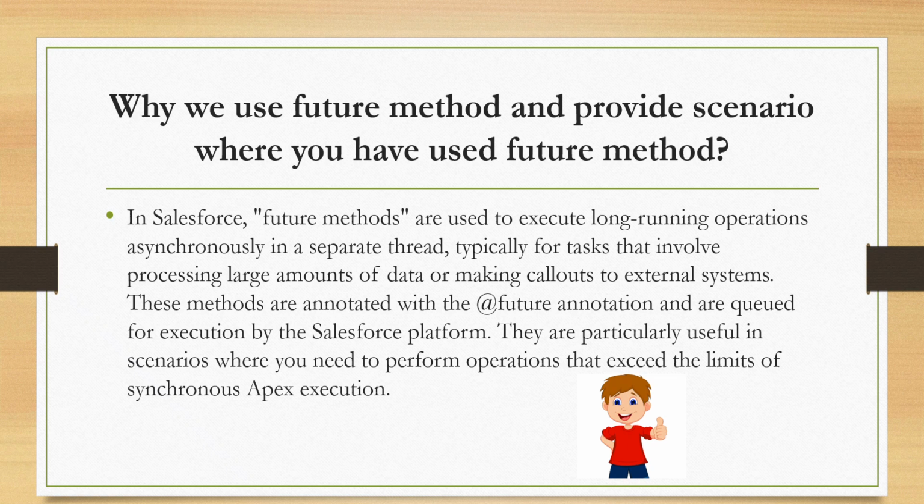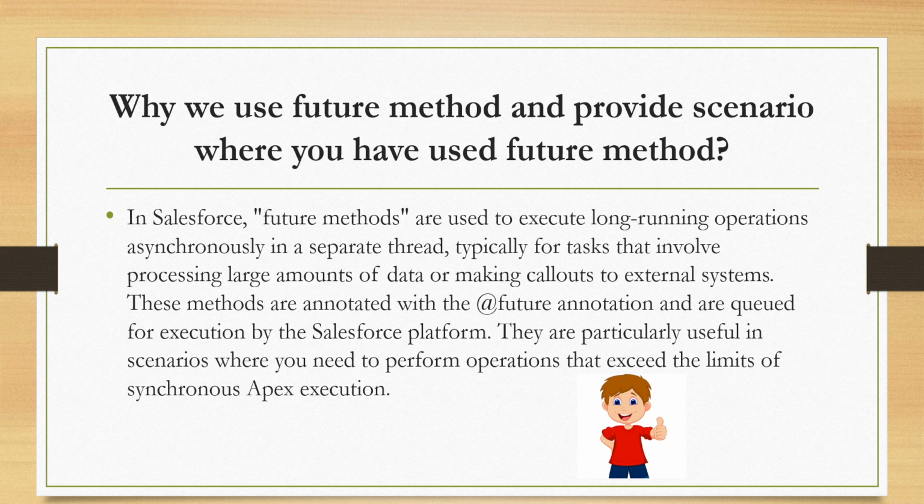Why do we use future methods, and provide a scenario where you have used a future method. In Salesforce, future methods are used to execute long running operations asynchronously in a separate thread, typically for tasks involving processing large amounts of data and making callouts to external systems.